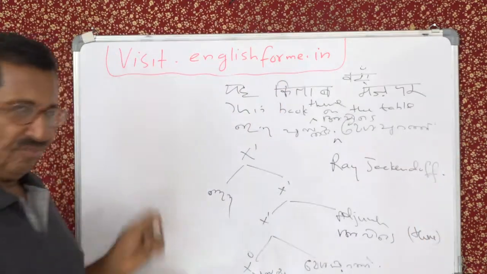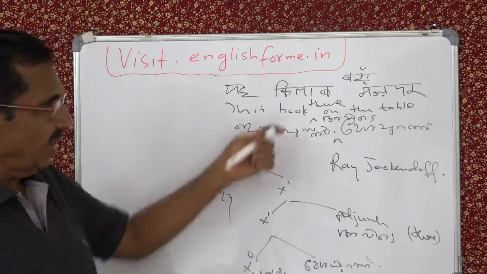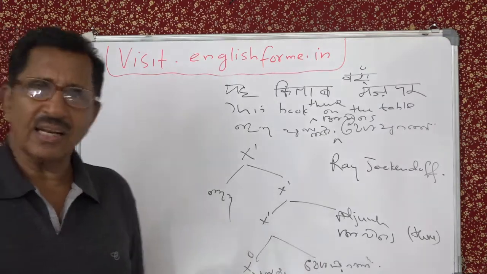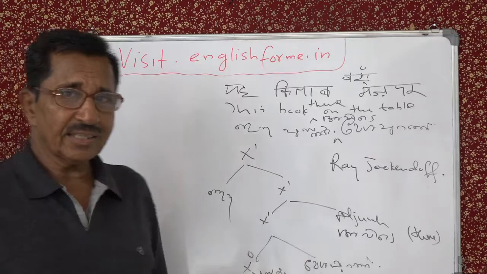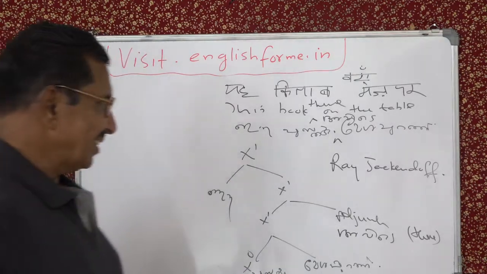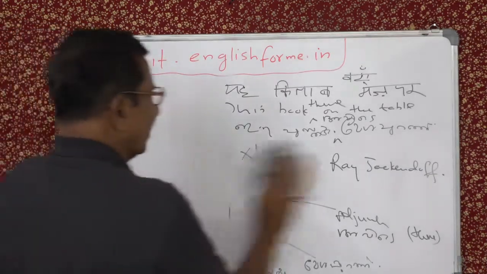Xbar theory. So universally accepted theory. Already I have shown you the phrasal categories, how they are related in 3 languages. One is English, the other is our national language, other is my language. My language is Malayalam. Understand? Yes, my mother tongue. So you can try that in your mother tongue. Okay, is that clear? Fine.